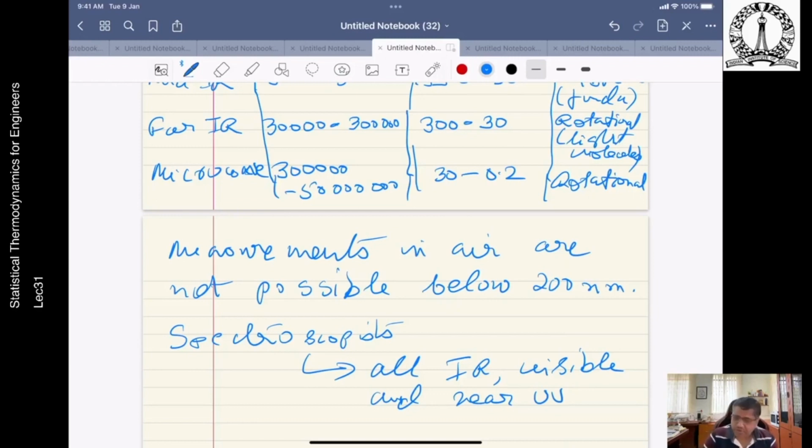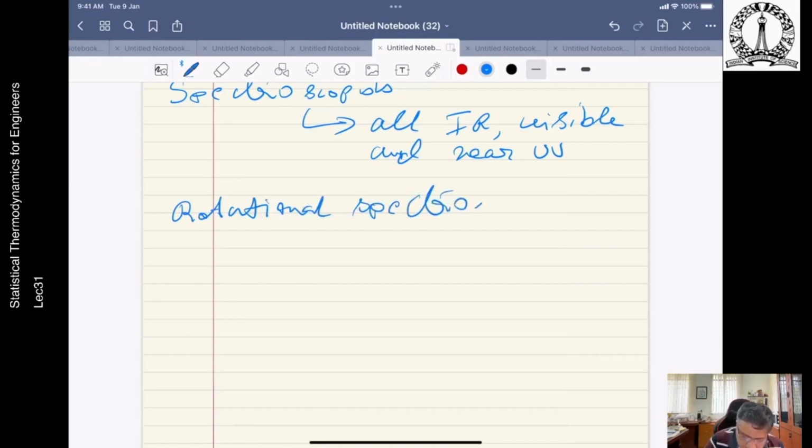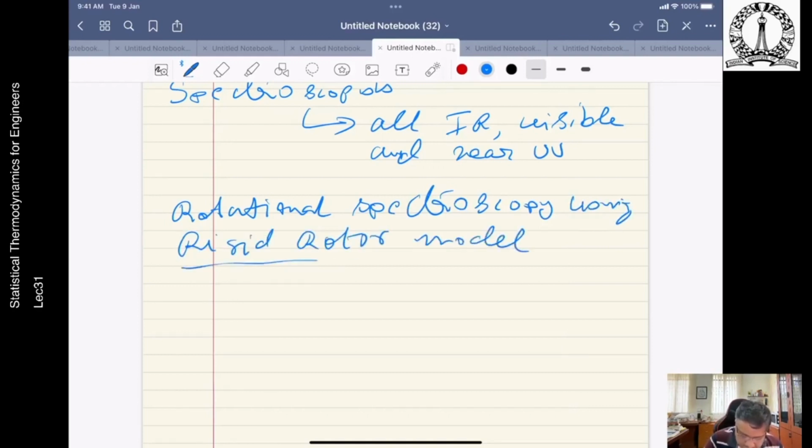have. So in a nutshell, let us first start looking at rotational spectroscopy using the rigid rotor model. Okay, so we begin by considering that the rotational energy modes undergo transposition with no influence from vibrational or electronic energy modes.